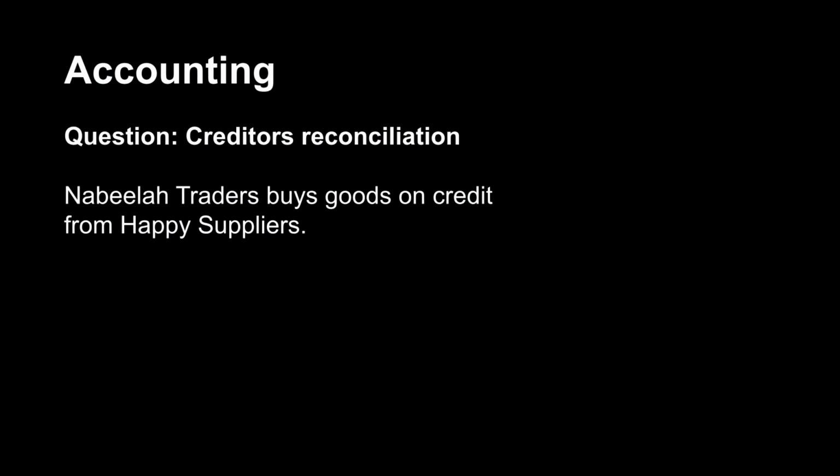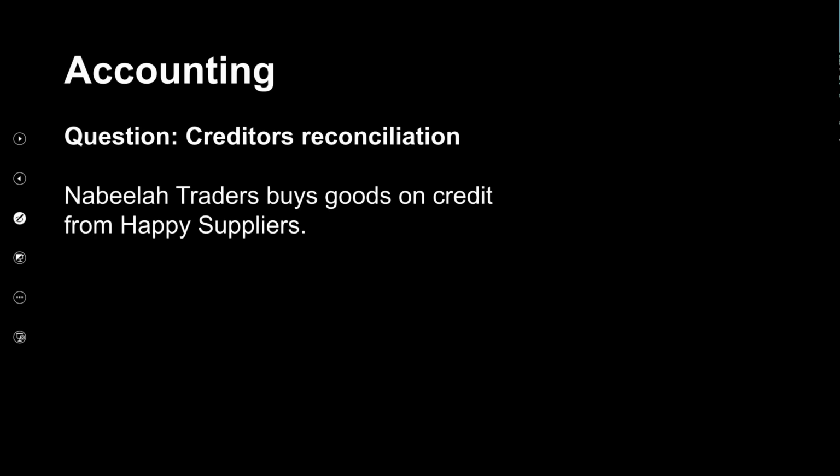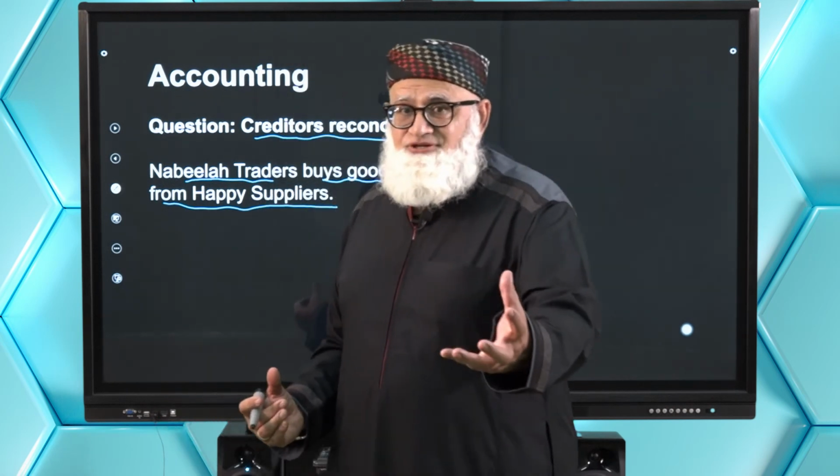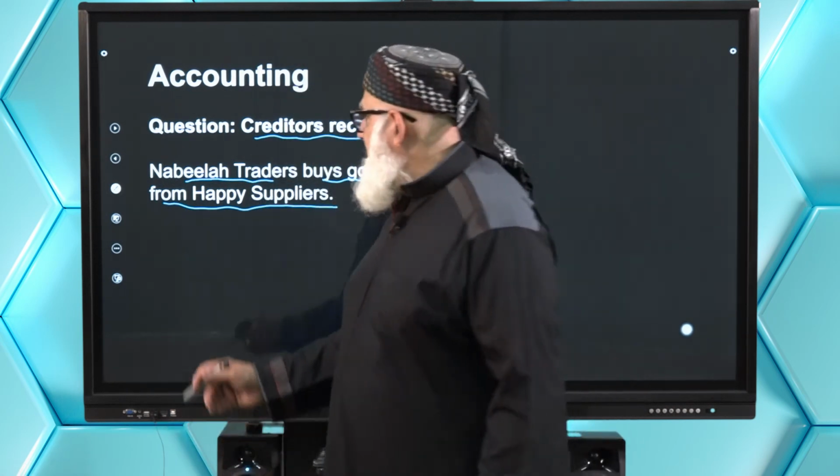Here's our question. It's on the creditors recon, right? What are we saying? We're saying Nabila Traders buys goods on credit from Happy Suppliers, right? So clearly you can see the relationship between Nabila Traders and Happy Suppliers.